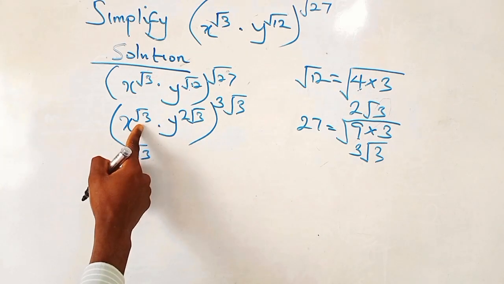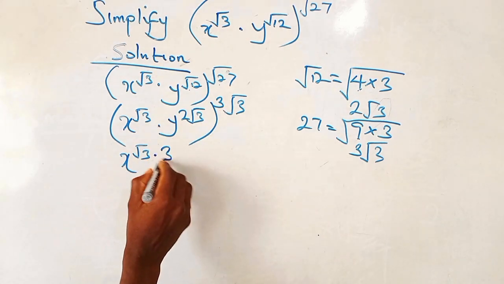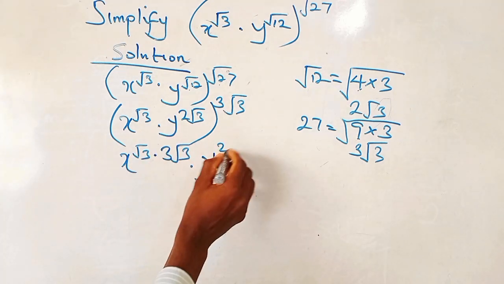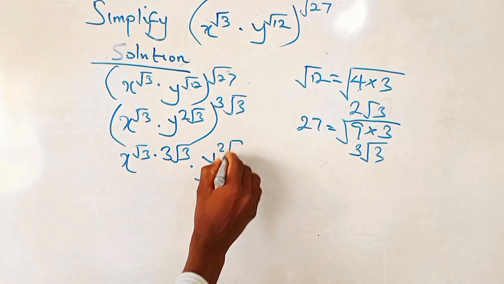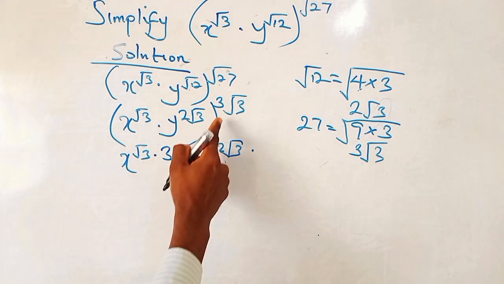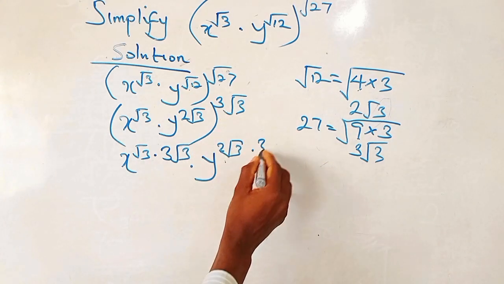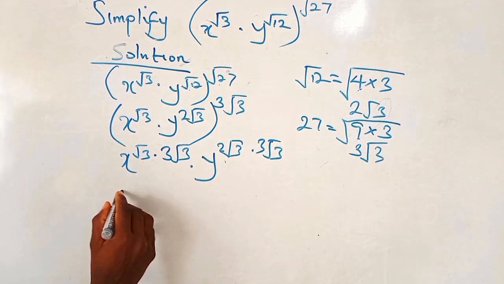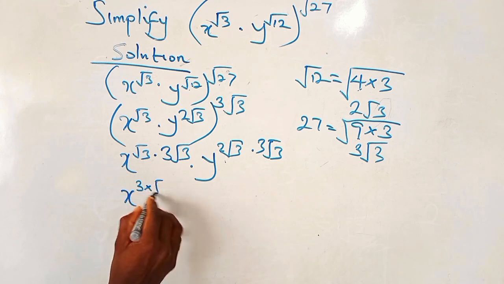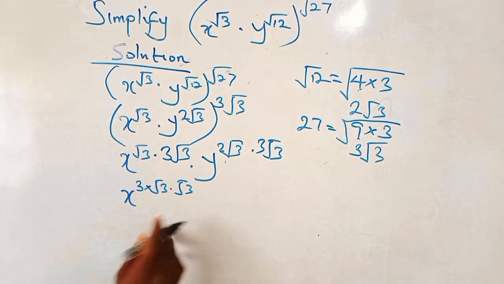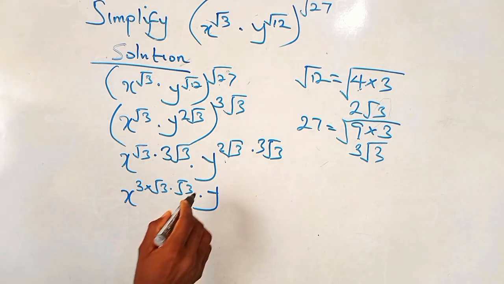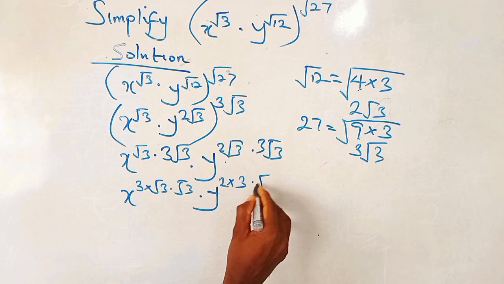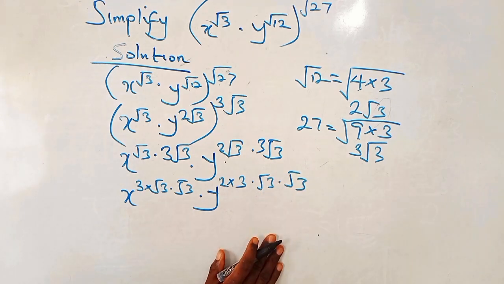So for x, we have root 3 times 3 root 3, and for y, we have 2 root 3 times 3 root 3. So we have x to the power 3 times root 3 times root 3, and y to the power 2 times 3 times root 3 times root 3.